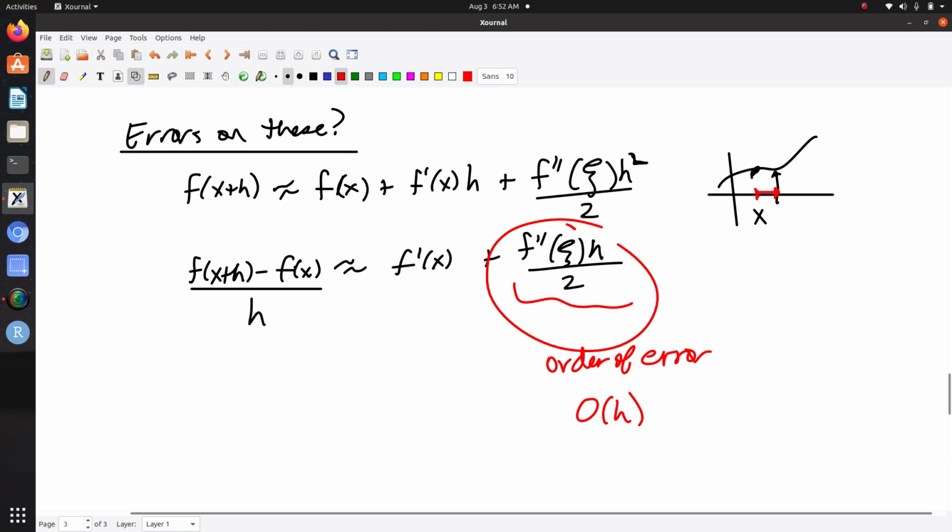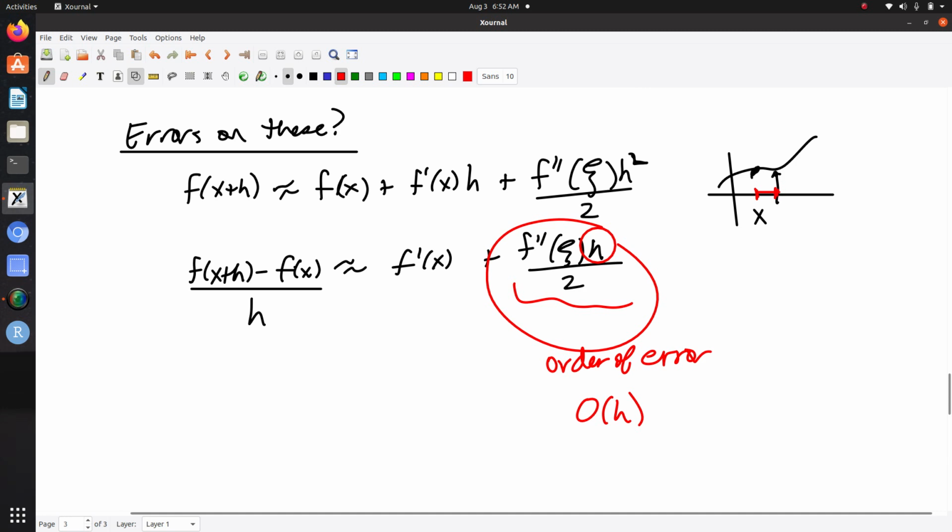I'm not going to worry right now about exactly how big f double prime over 2 is, but the h is significant, and this kind of analysis is telling us the speed at which this thing is converging, though it isn't really converging, because this isn't iterative. It's just telling us how accurate it is on one round. Generally it's more annoying to find error bounds, but this is pretty straightforward for this question.